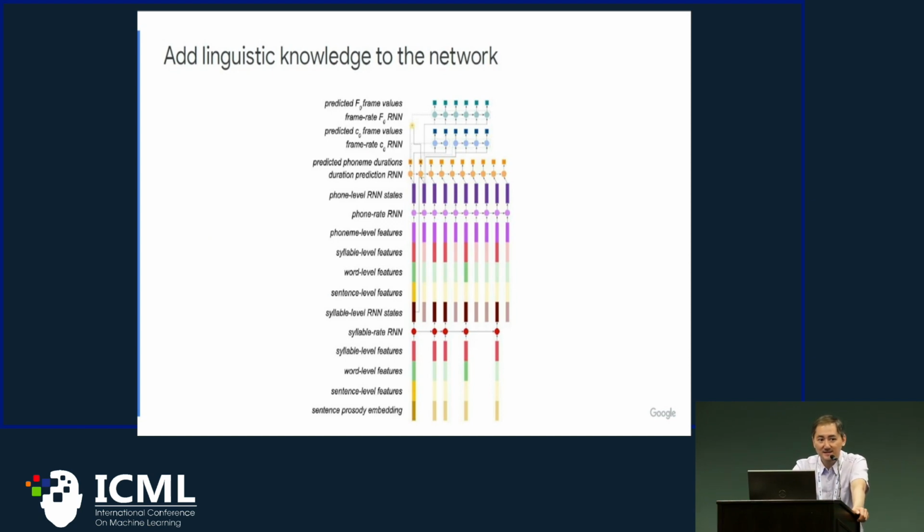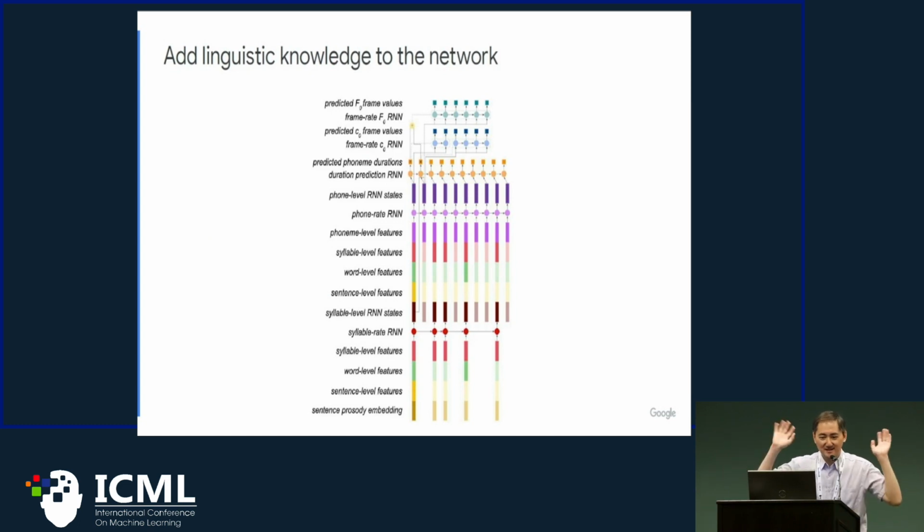So we have layers that tick at the syllable rate, and another layer that ticks at the phoneme rate. And when we look at prosody theory, it tells us that for things like pitch, we want to use syllable-sized units. But for power, we might want to use phoneme-sized units.